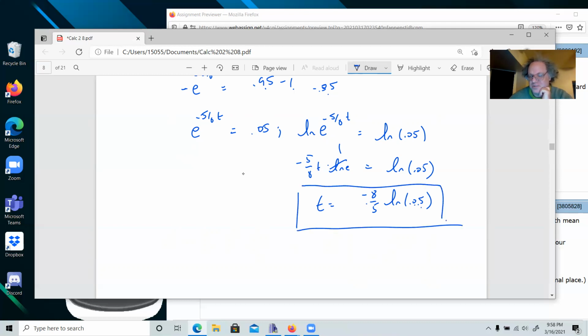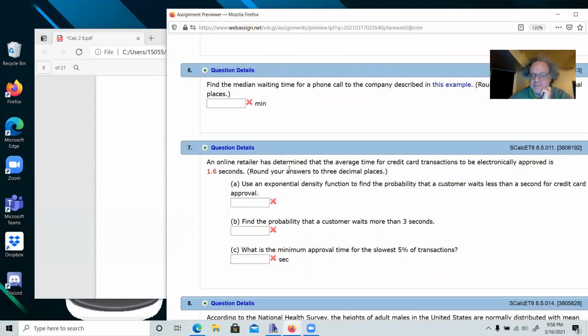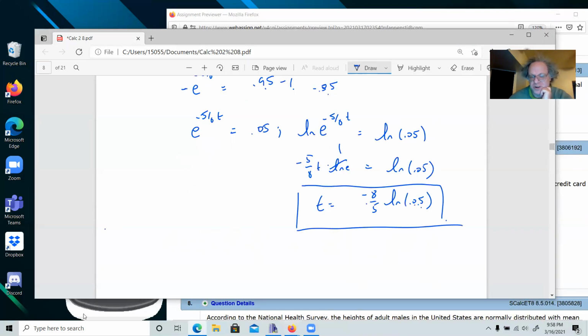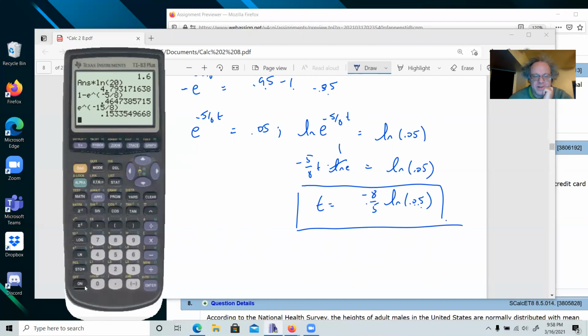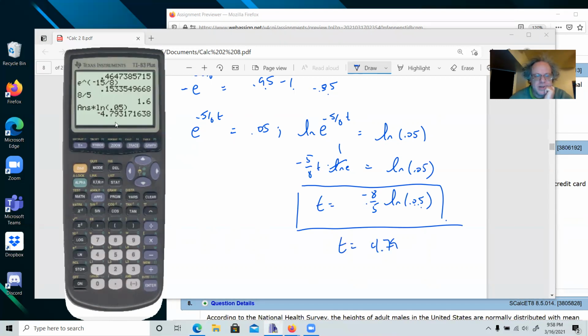They said get this to what? How many decimal places? Oh, everybody's 3 decimal places. Very good. So we have 8/5 times natural log of 0.05, and this was t is equal to 4.79793.